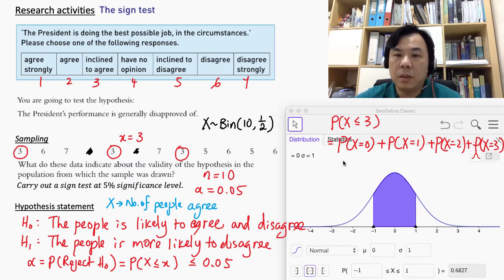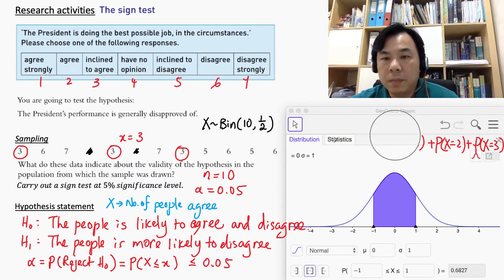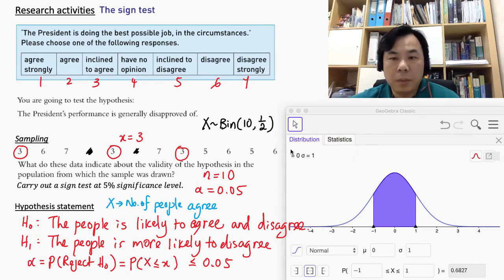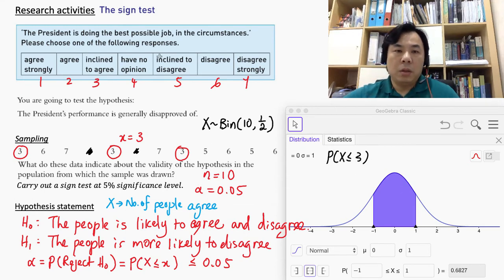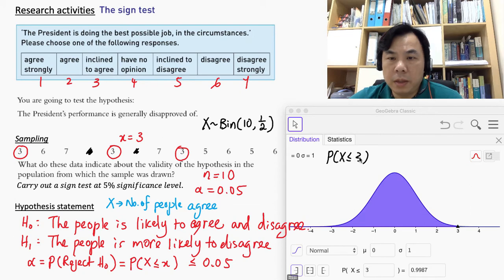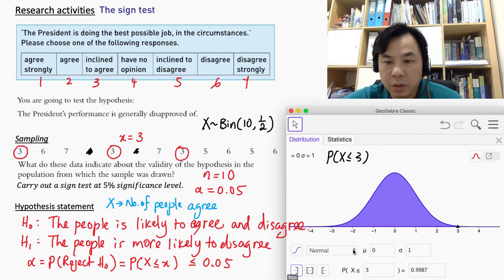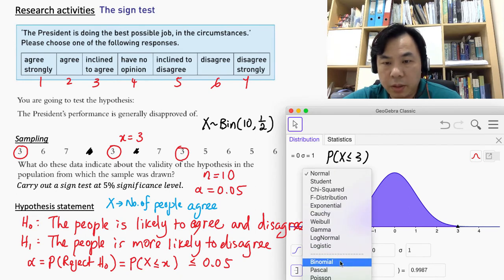Hold on, just let me clean this up. So bear in mind, we are interested to find P(x less than 3), because we have 3 responses that agree with that. Now, probability less than 3, but I think I accidentally chose the wrong distribution.